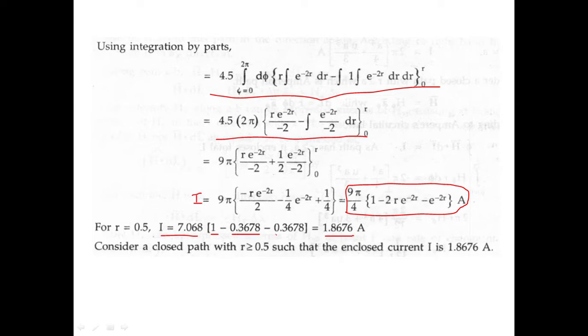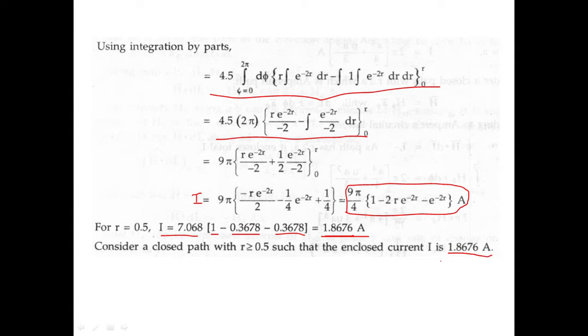When you solve this completely, you will get 1.8676 amperes. So consider a closed path with R greater than 0.5 such that the enclosed current is the maximum one. When we considered R as 0.5, that is 1.8676 amperes.